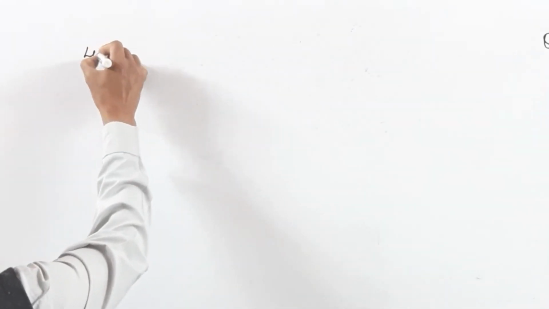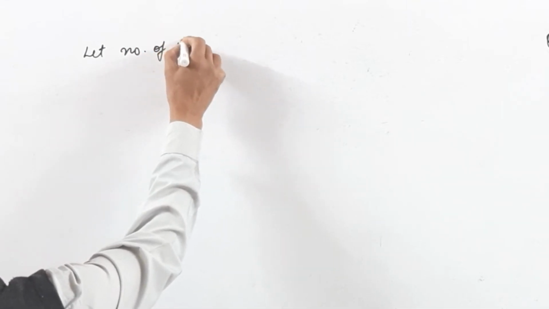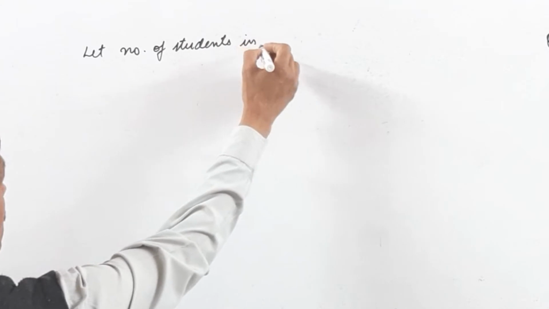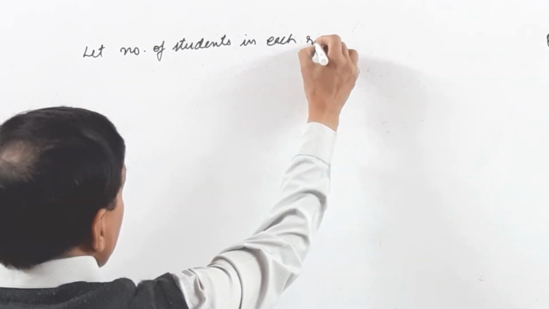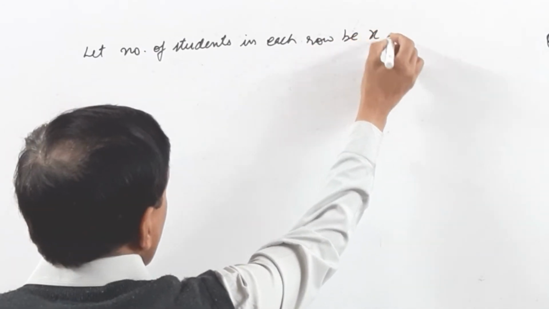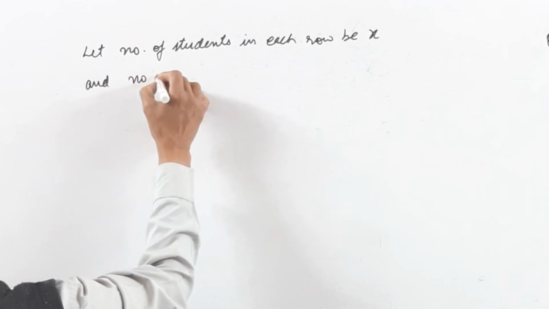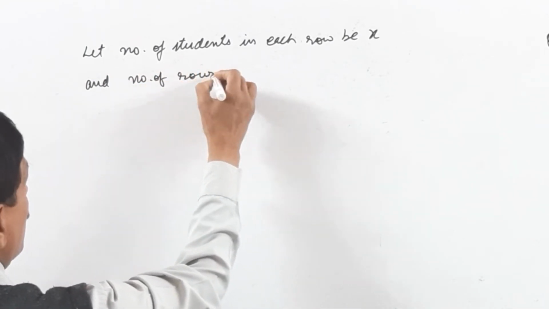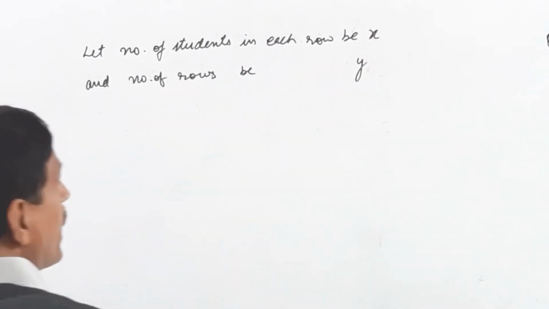Let number of students in each row be x and number of rows be y.